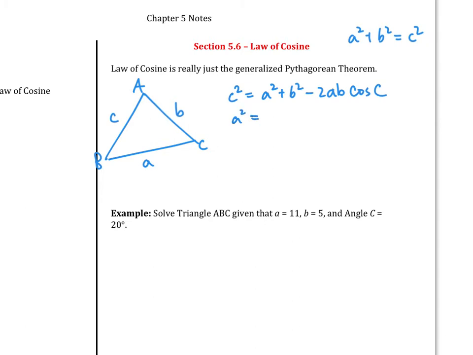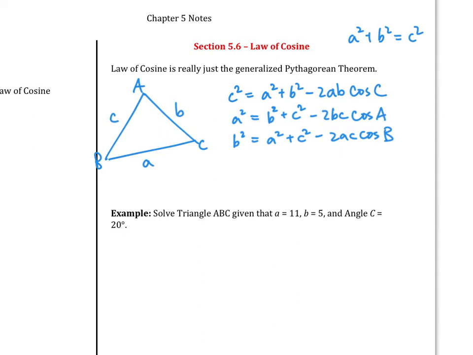Then the formula is going to be the other two sides squared, so b squared plus c squared minus 2bc, because those are the two sides here, and then cosine A. Okay, so then again, if I change up the formula so that we're trying to find b, then that formula is a squared plus c squared minus 2ac cosine B.